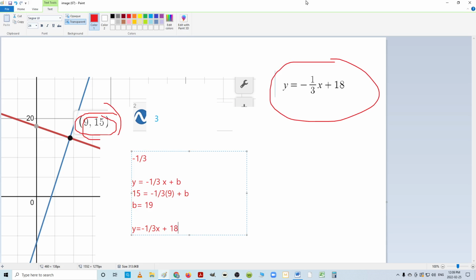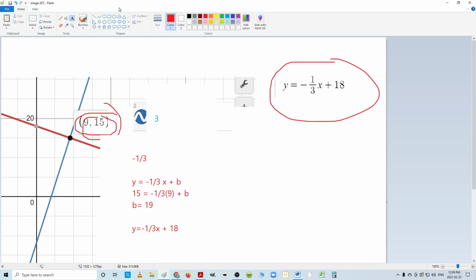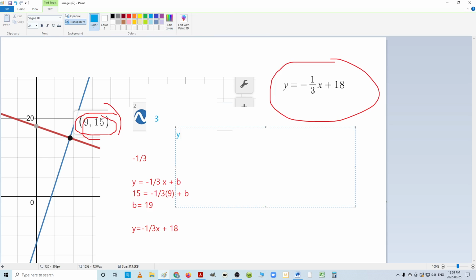What about the blue line? Okay, same thing. They gave me the points, so I can figure out the blue line using the same method. They gave me one point, and they gave me the slope. So I can just say 15 and solve for b.